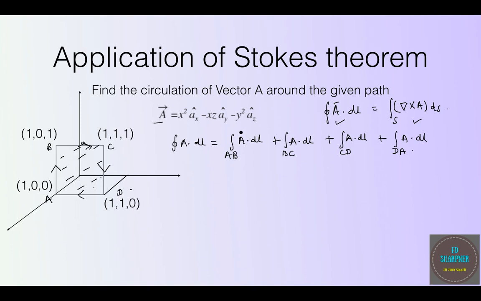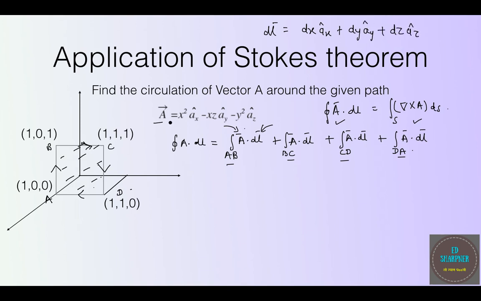Now the only thing that changes according to this path is the limits, because while going from A to B, the x value, y value and z value change. I'll show you what dl is. We know what A is, so we can compute A dot dl. All these are vectors, so I'll just put the vector sign. We know that the dl vector is given as dx ax cap plus dy ay cap plus dz az cap.